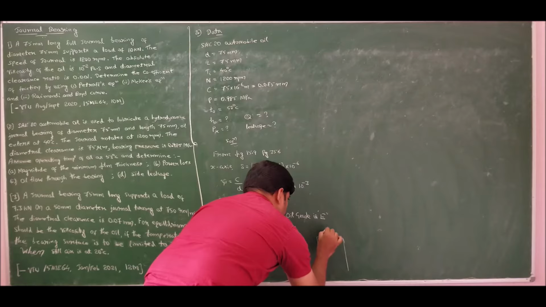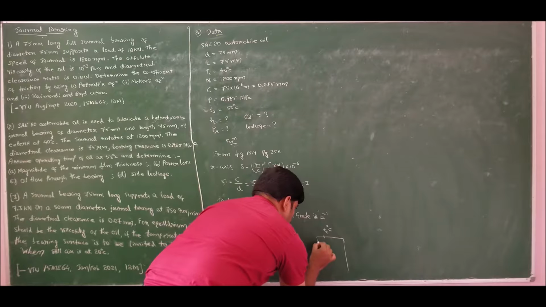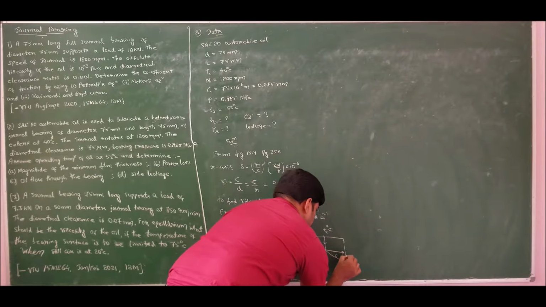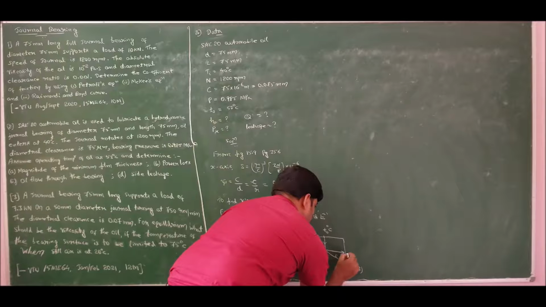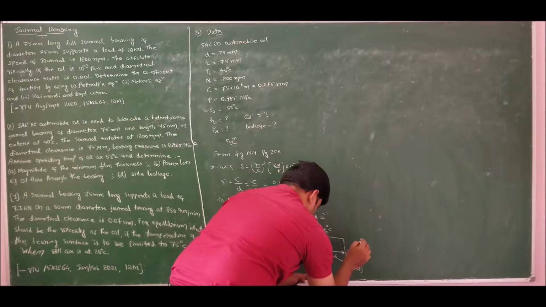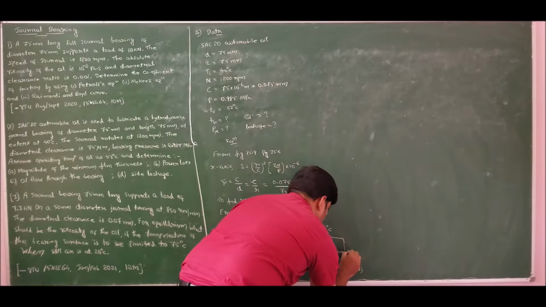Here we have the operating temperature in degrees Celsius at 53, and we have grade E going like this. If I intersect grade E and measure, the kinematic viscosity in centi-Stokes turns out to be 36 centi-Stokes.